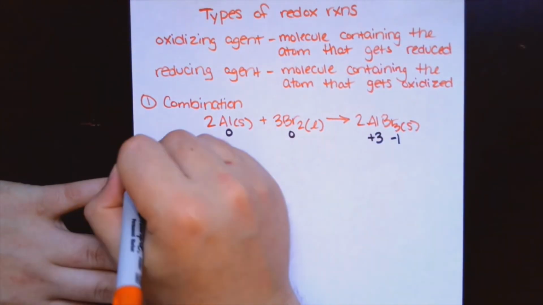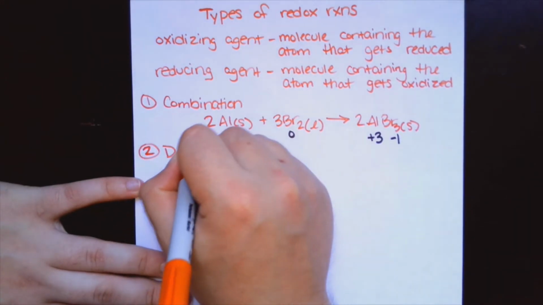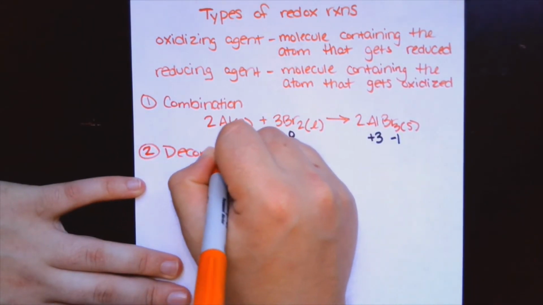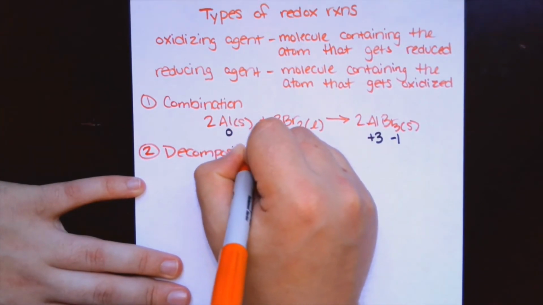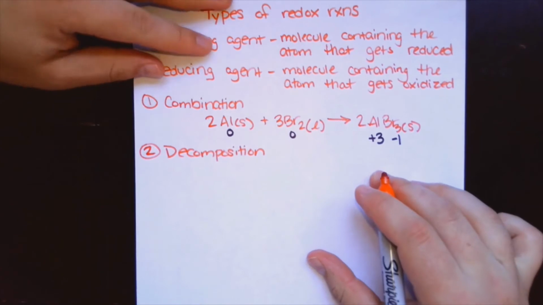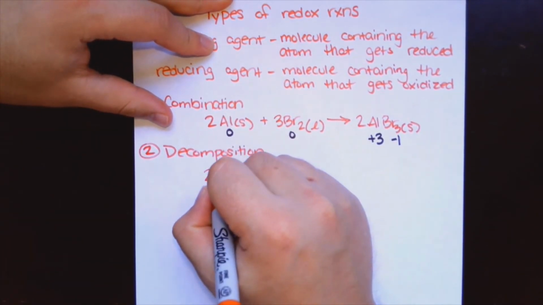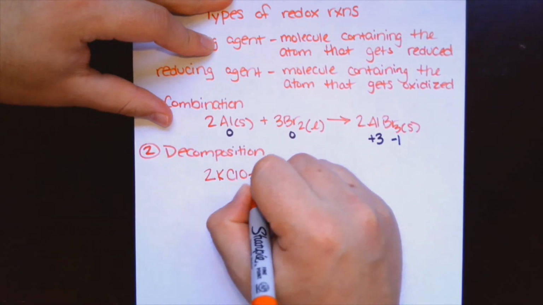The next reaction type is a decomposition reaction. So this is actually basically just the opposite of a combination. This is where you take one thing and you break it apart into multiple.